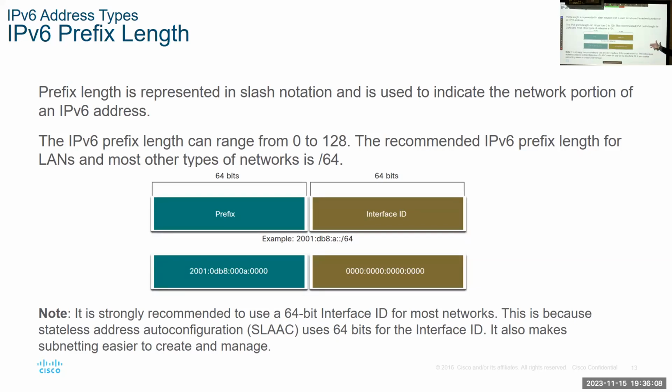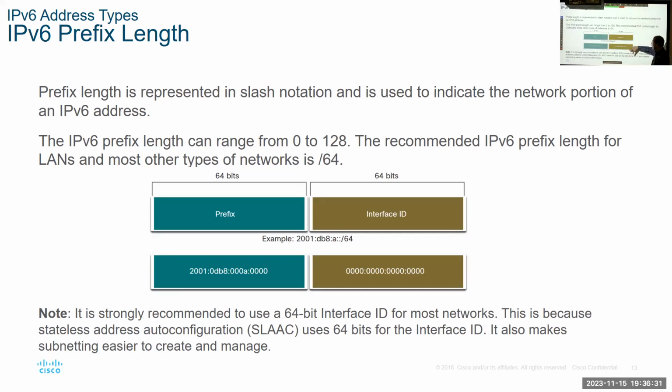ISPs are most likely to give you a /48. In other words, they'll give you the first 48 bits of your public IPv6 address. You have the next 16 bits to do whatever you want. In other words, that's your subnetting part of your IPv6 address.